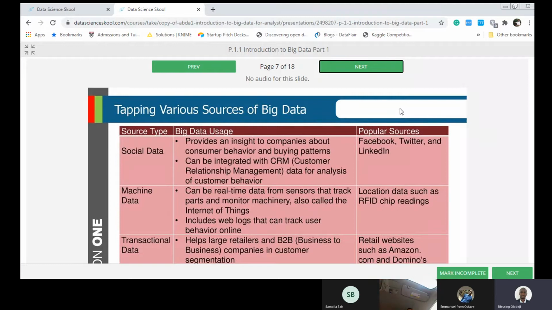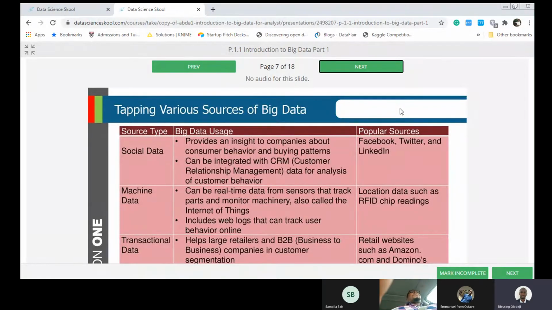So there are different types of sources of big data. It could be machine data, like the communication between your phone and a base station, or between your car and a tracking server somewhere. It's machine-to-machine communication, and a human being is not really involved. Even when you have your mobile phone and GPS is communicating, if you're on Uber and Uber is tracking your phone and telling you the location of the vehicle that is coming, it's machine communication.